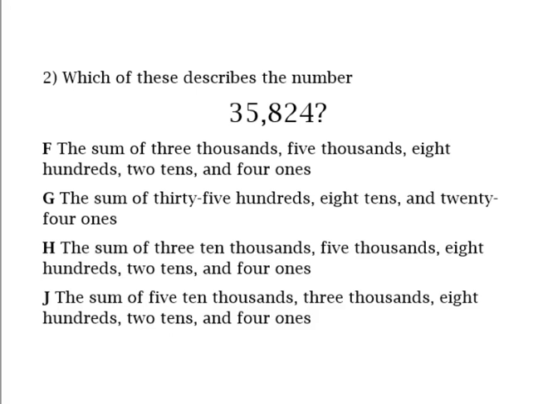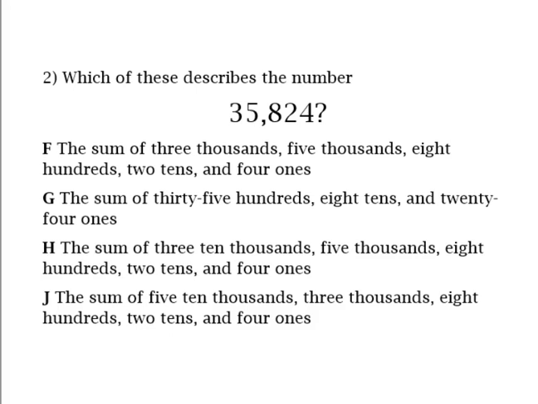Which of these describes the number 35,824? F, the sum of 3 thousands, 5 thousands, 8 hundreds, 2 tens, and 4 ones. G, the sum of 35 hundreds, 8 tens, and 24 ones.